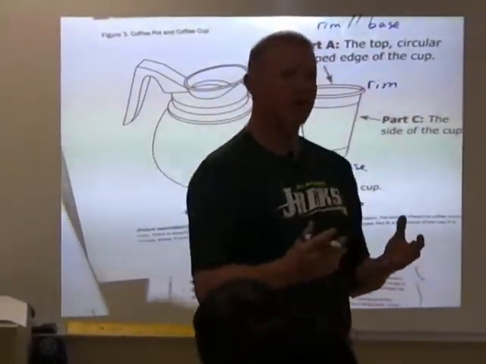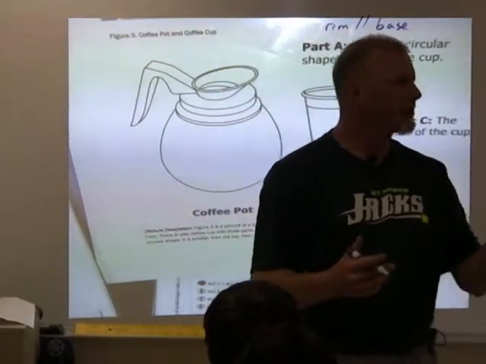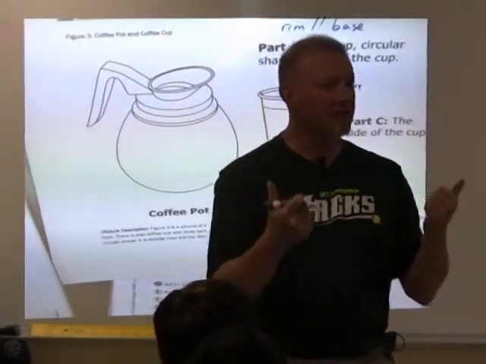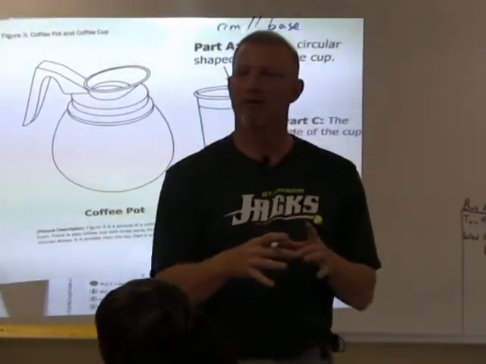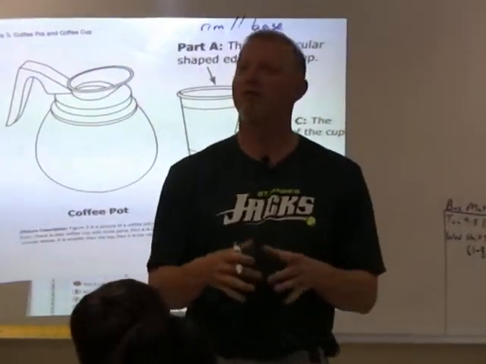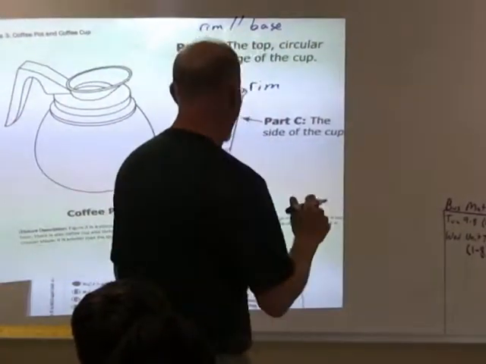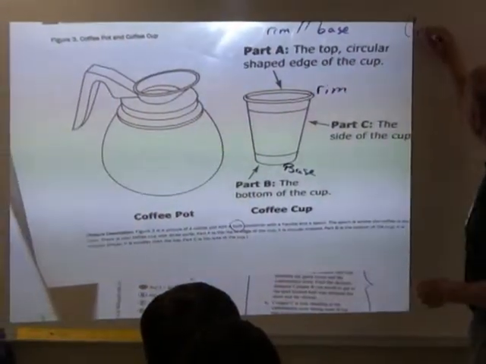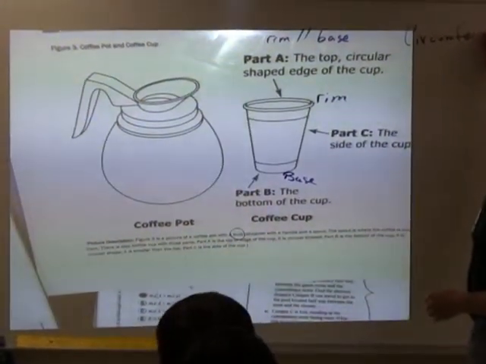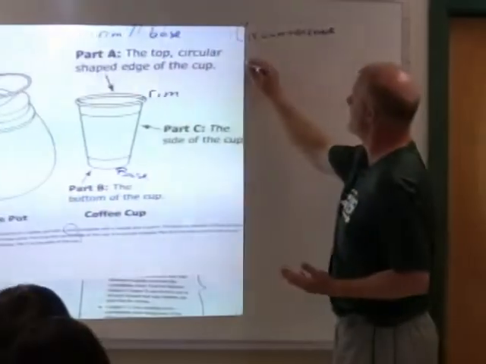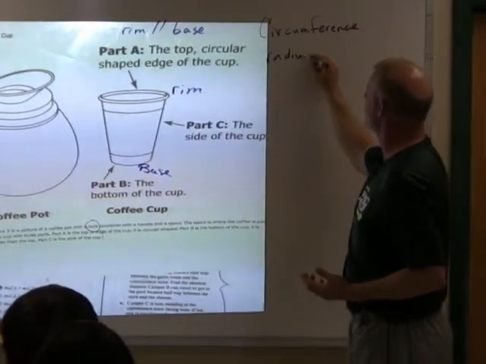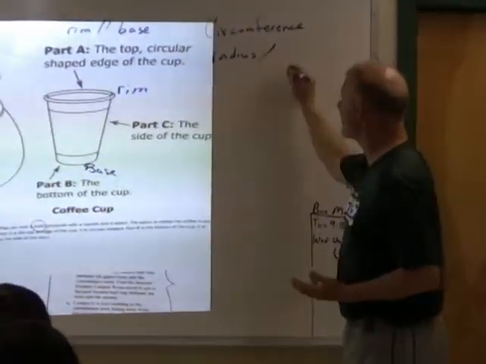What shape are they? Circular. So what kind of things, circle-wise, pop into your head? Circumference. Mathematically speaking, there might be some circumference topics. What else? Radius. In order to do circumference, the whole idea of radius and diameter come into play.